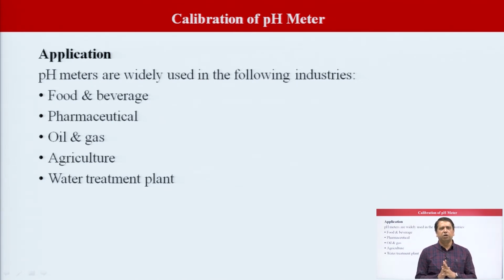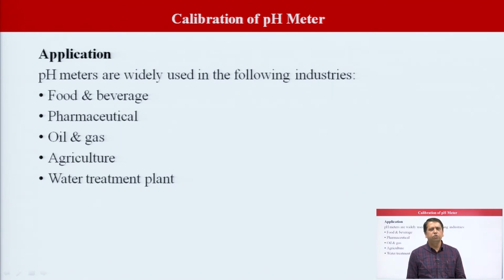For the preparation of mobile phases in HPLC, we first have to measure the pH of the solution, and only then can we inject into the HPLC system. So, in those cases pH meters are utilized.